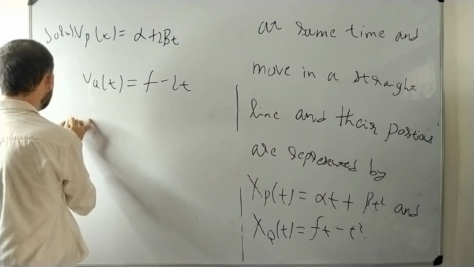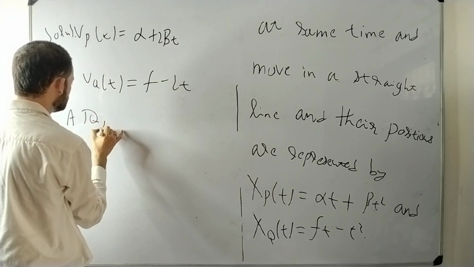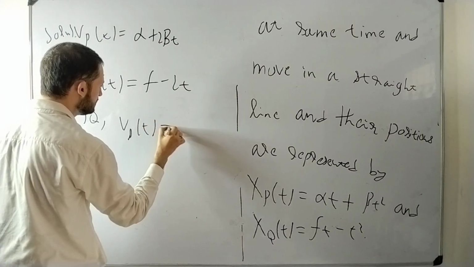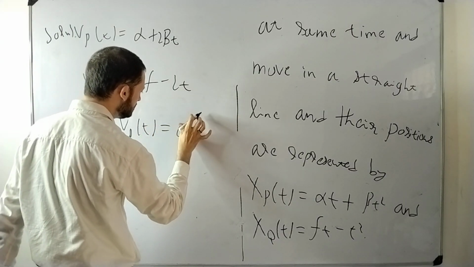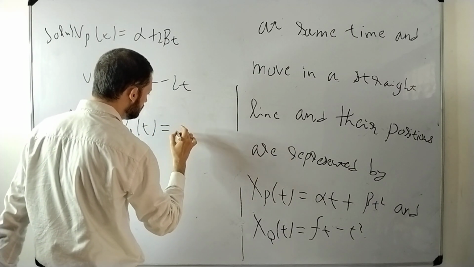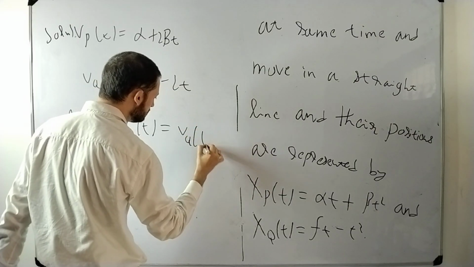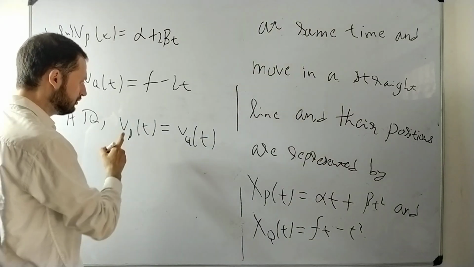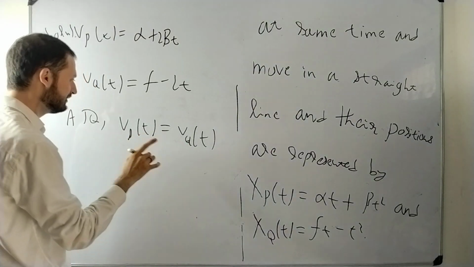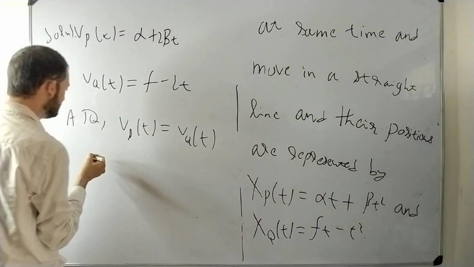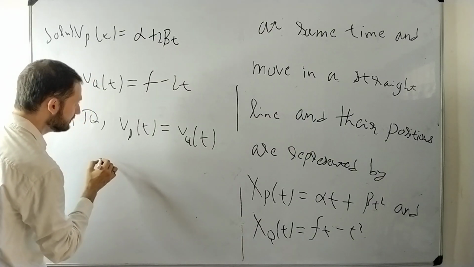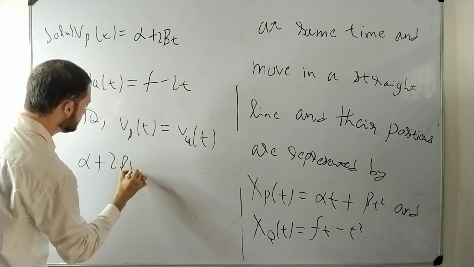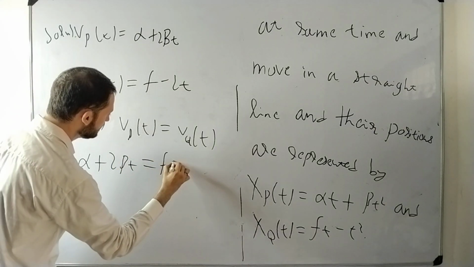And according to the question, VP(t) is such that it happens to be equal to VQ(t). So you see what is happening. So it is very simple. So this becomes alpha plus 2 beta t equals f minus 2t.